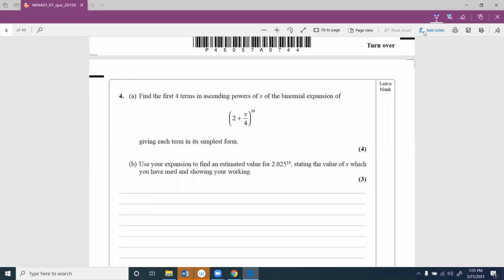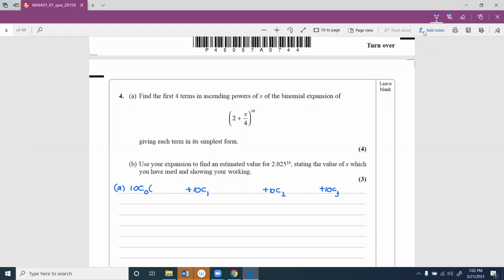Right. When you come up to this kind of question, find the first 4 terms of the ascending power binomial expansion. So you can write 10C0, 10C1, 10C2, and the last one is 10C3. Ascending power of x.